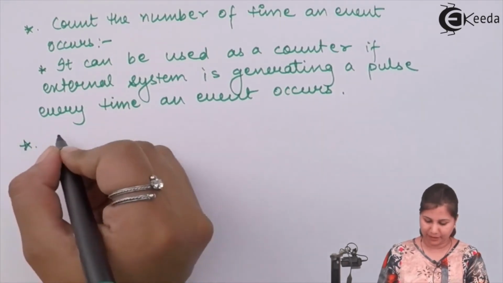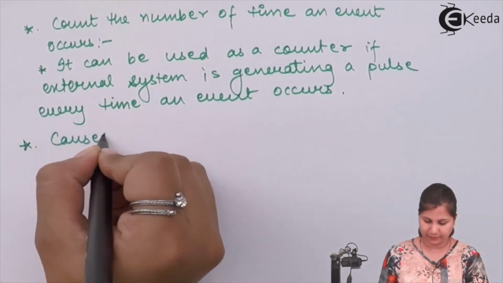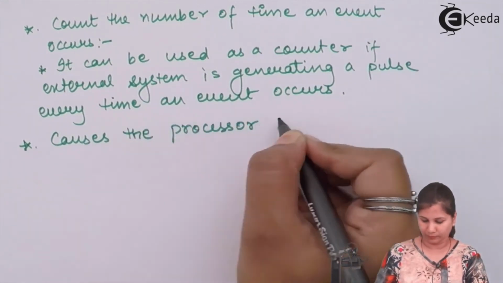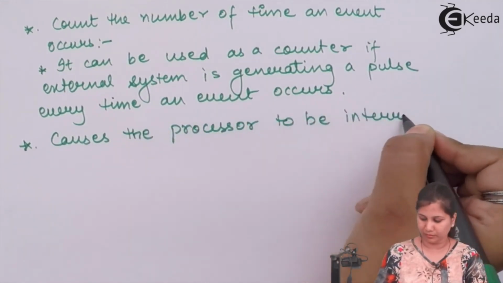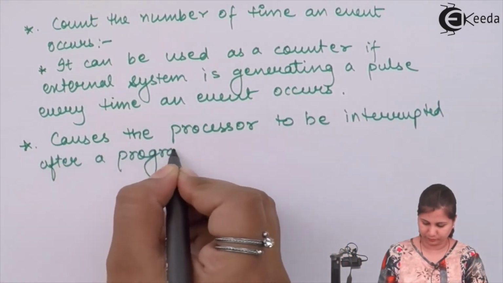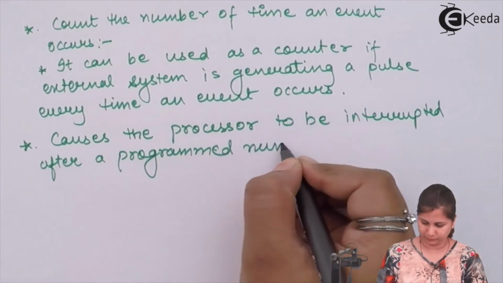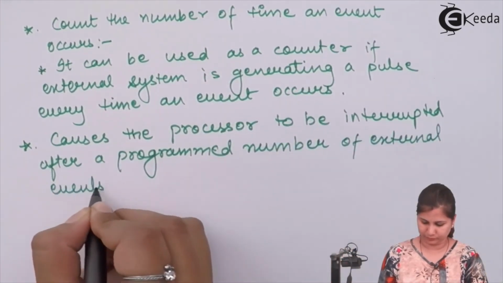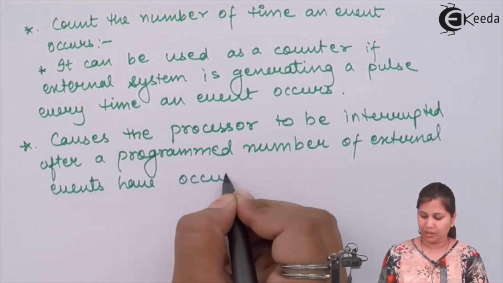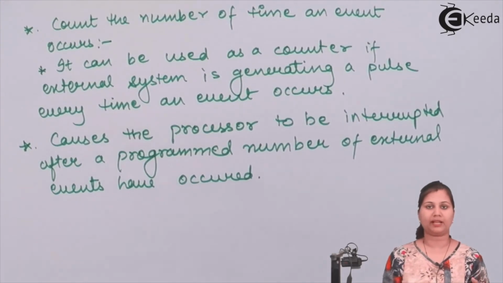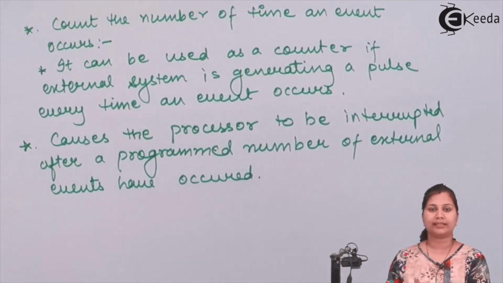The next application is that it causes the processor to be interrupted. If we want to interrupt the microprocessor after performing some task, we can use the 8253 IC.